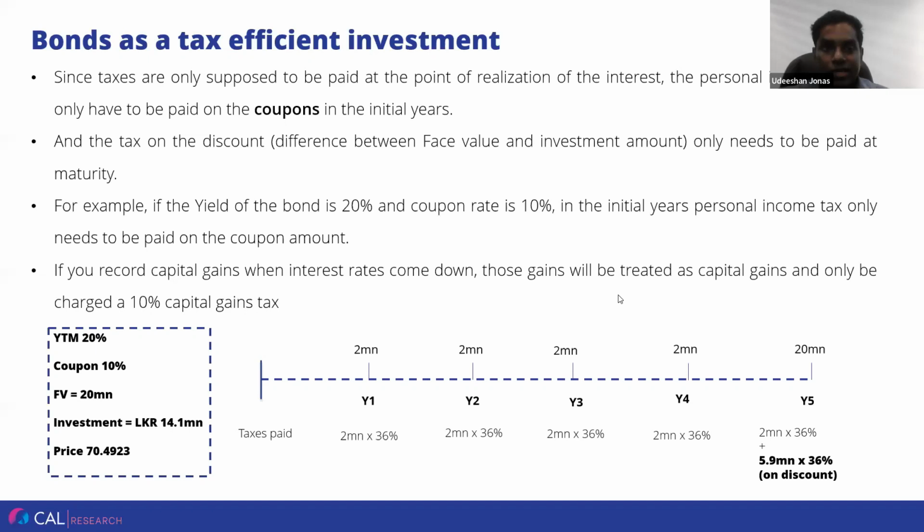For example, if a bond has a face value of 10, you only have to pay taxes or personal billions. Right?